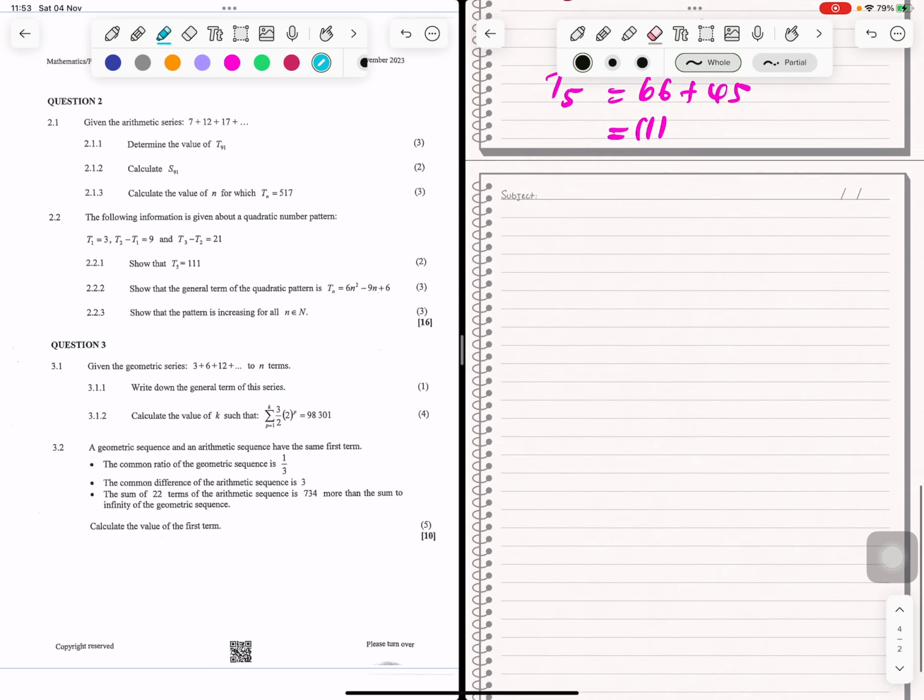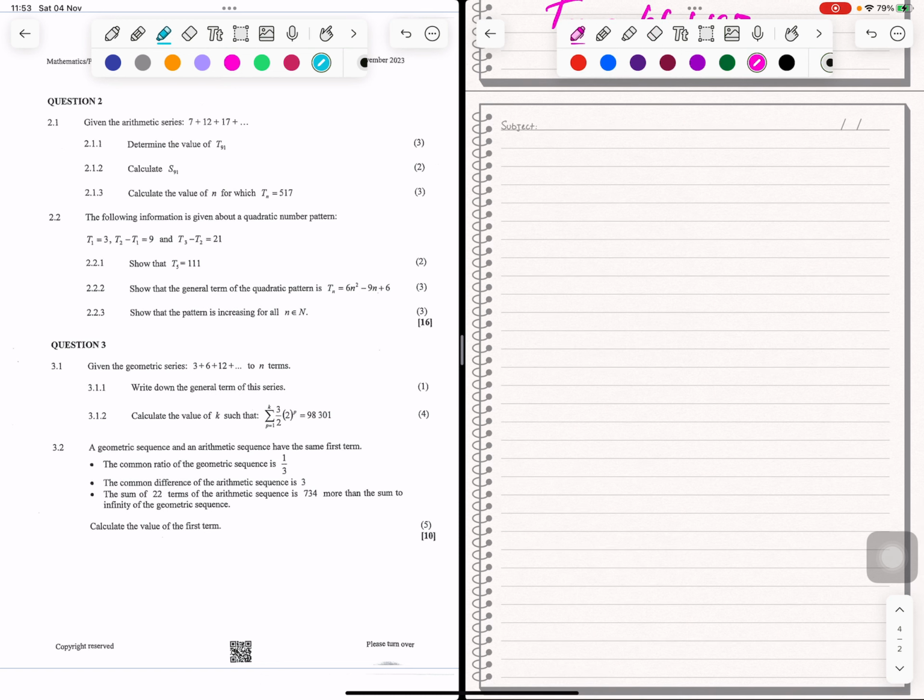Okay, now we need to get to the second question, 2.2.2. Show that the general term of the quadratic pattern is Tn equal to 6n squared minus 9n plus 6. So you need to prove that. What do you know?